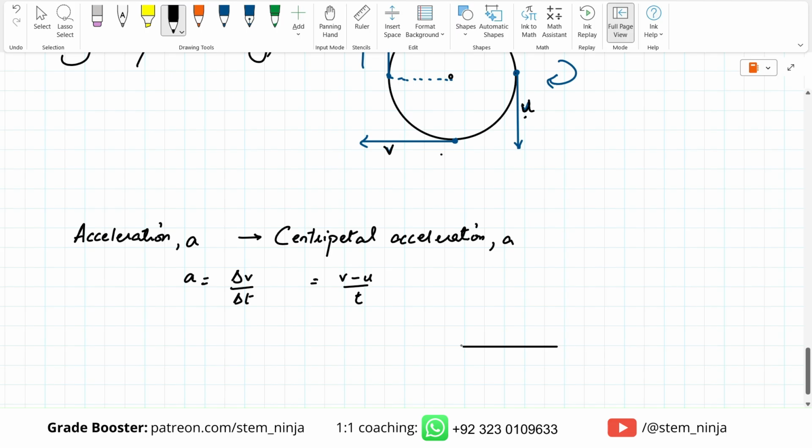So v is, let's say, this. U, when you do the minus thing, will be going upwards. So the direction of v minus u is actually going inwards.